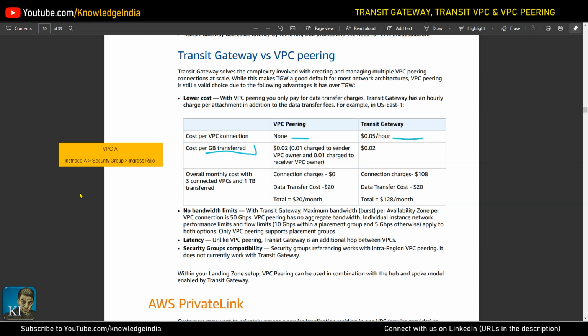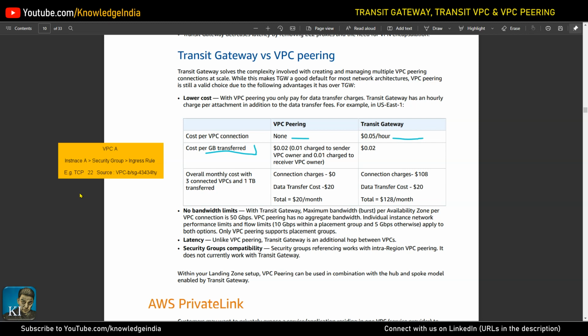put a rule, I'll write an example. You can put a rule like this. Let's say protocol is TCP, port is 22, and in the source, you can specify VPC B, whatever is its ID, slash, and you can put a security group ID from there, something of this sort. So the good thing is that you can refer to the security groups from the peered VPCs.